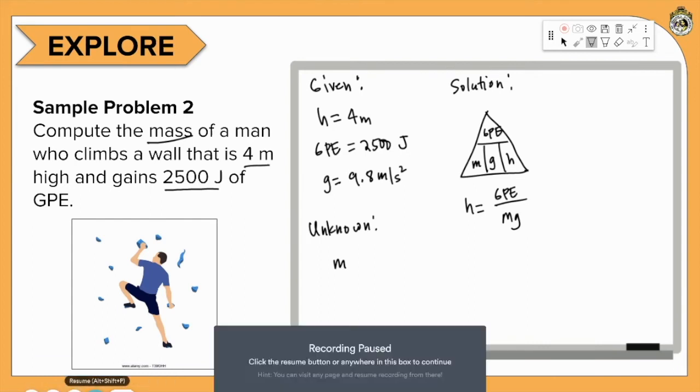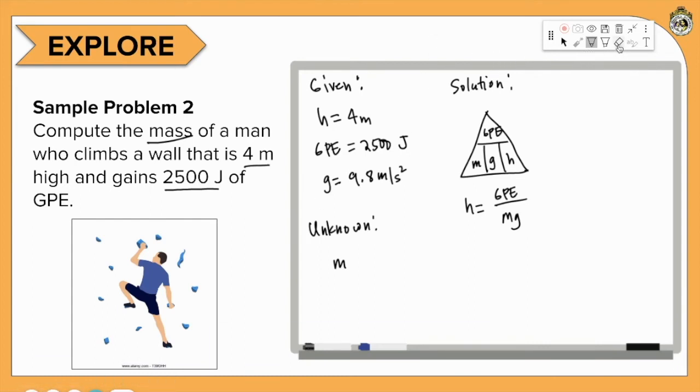Oops, sorry, we're not looking for the height. Instead, we're looking for the mass. Sorry, my bad. Let me just erase all the formulas. So we're looking for M, mass. That's just equal to GPE over these two, GH.